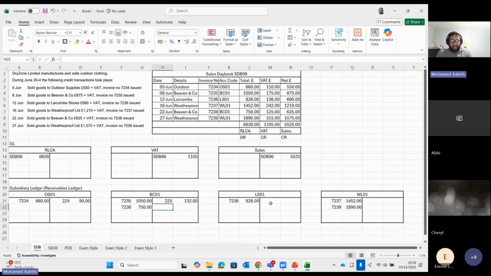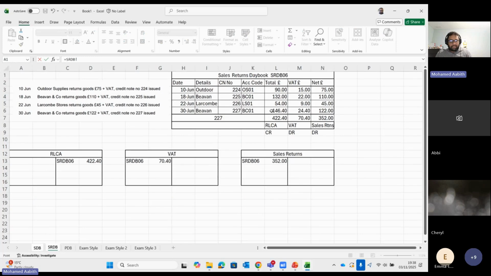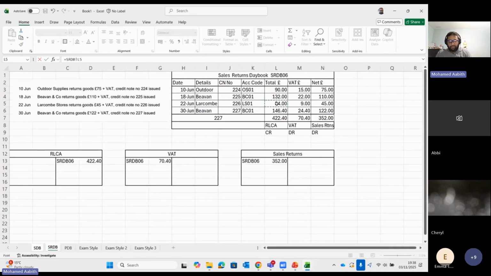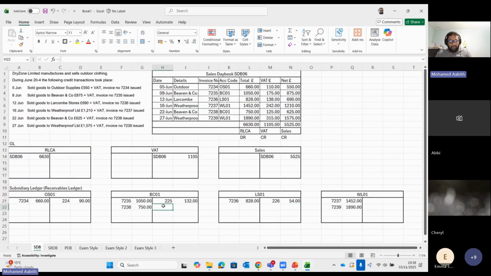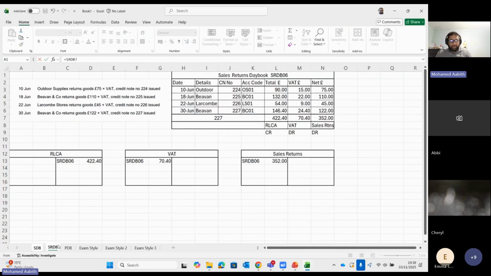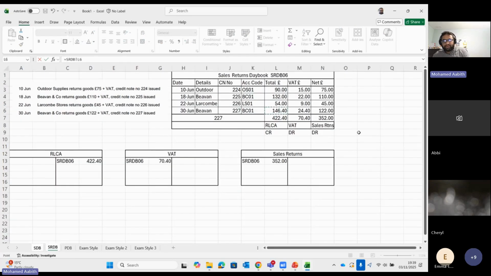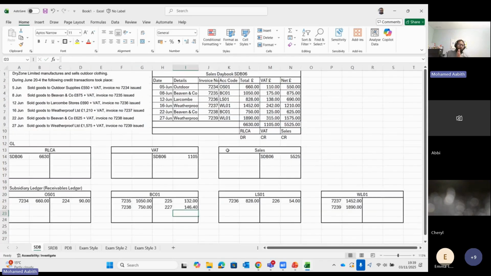And then we have LS, equal to that figure, and then the amount is going to be equal to 54 pounds. And then again, we have one more for B1, 227, and then that will be equal to that 146 pounds 40 pence. Now, can you notice when we sell goods to the customers, this will increase that balance.